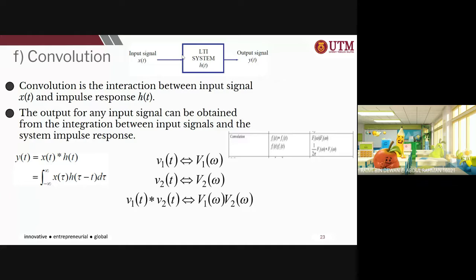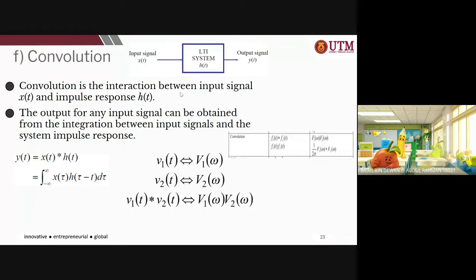If t minus 1 in the time domain results in, for example, omega minus 4 in the frequency domain, then it is a varying system. It is a time invariant system if the same changes in input translate to the same changes in output. If t minus 1, it becomes, for example, omega minus 1. Something like that.